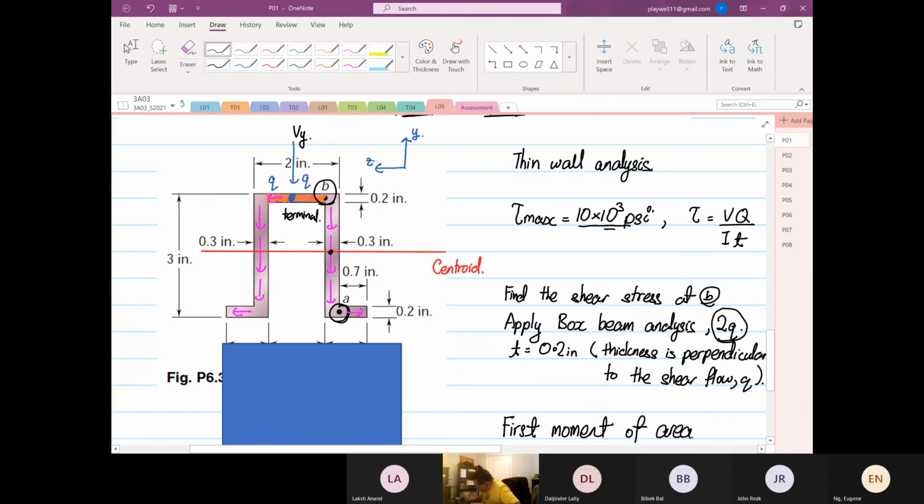So there's another point that we have to check, which is point C. I'm going to call this point C, because point C is at the centroid, and in terms of shearing stress, the centroid will have the highest shearing stress. But the controversy is that the thickness at the centroid is the highest.